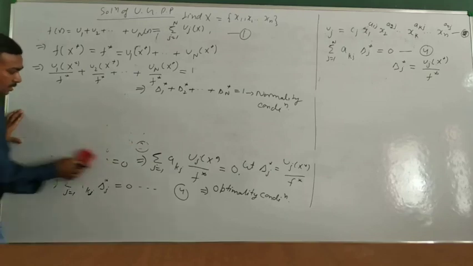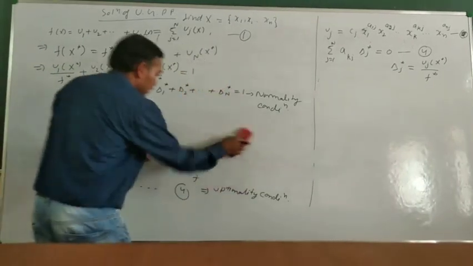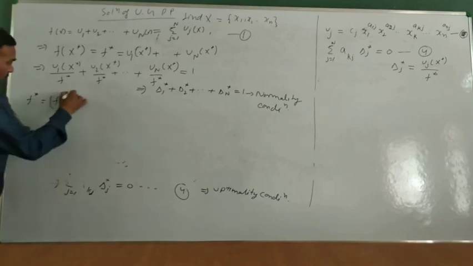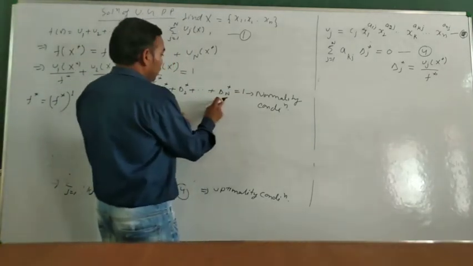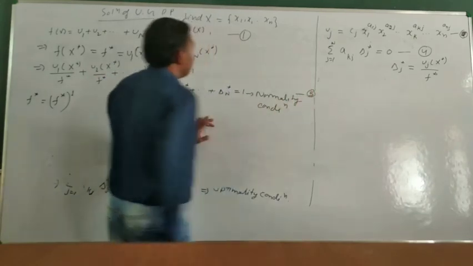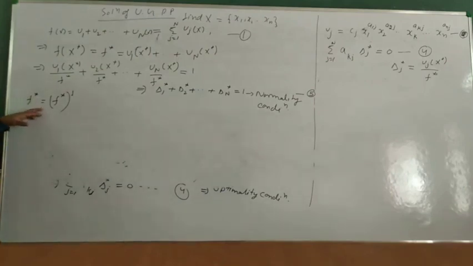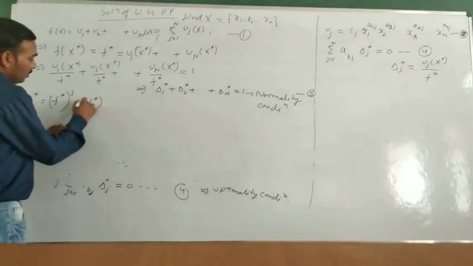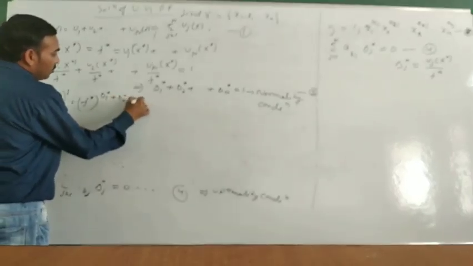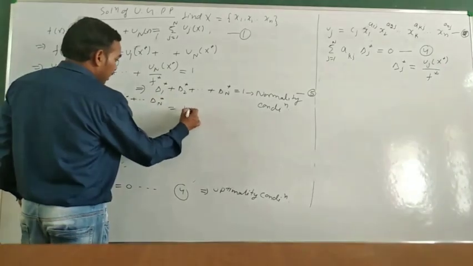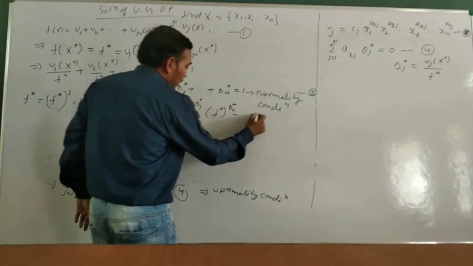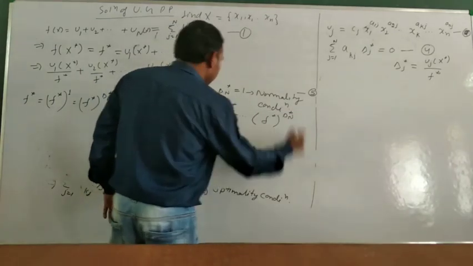Now for the minimum value, we can write f star as f star to the power 1, and this is condition 5. From condition 5 we can write f star equal to f star delta 1 star, f star delta 2 star, up to f star delta n star.